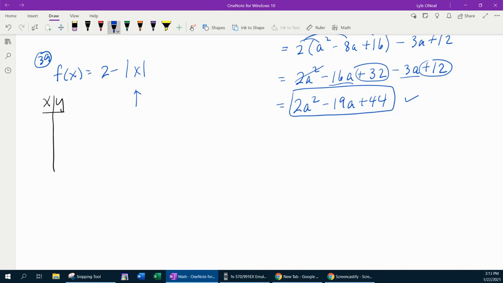So the first thing we want to know is, what number would I replace x with to make the absolute value of 0? Well, that would be 0. We're going to replace x with 0 to create the absolute value of 0. That's going to be our center point, or in other words, the vertex of the V. And then I'm going to need to pick another x, one on each side of 0.